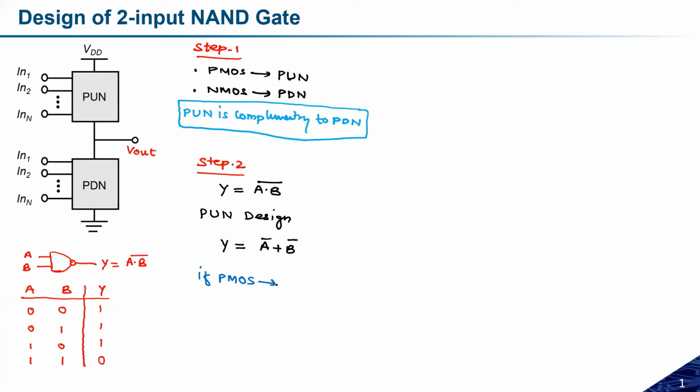Like here we got the expression y is equal to a complement plus b complement. So if I'm connecting the pull-up network with PMOS transistors, the input of the PMOS transistor will be opposite to the expression.